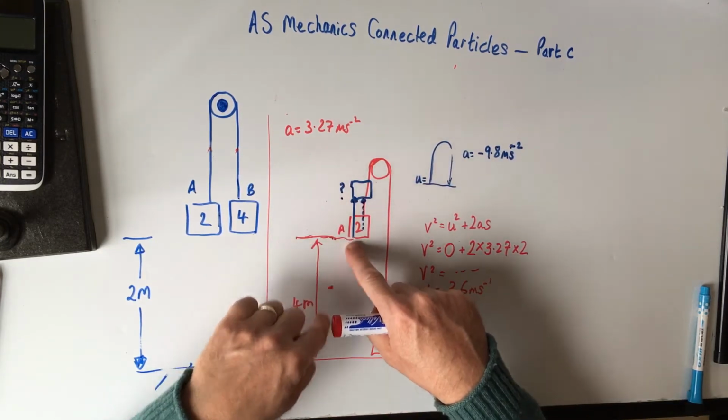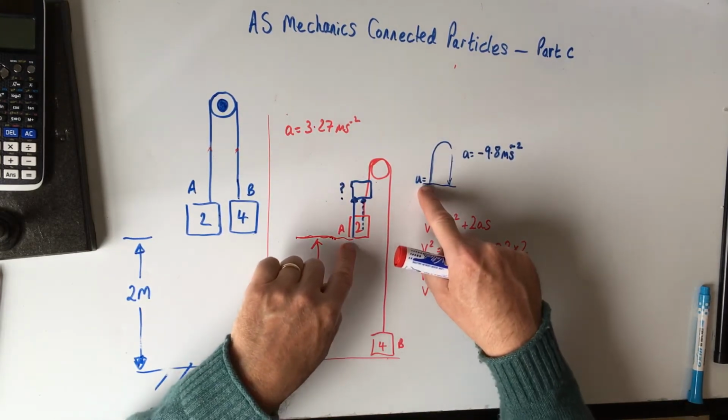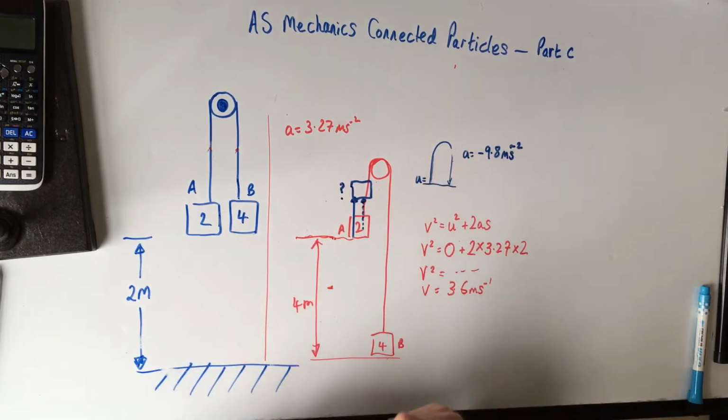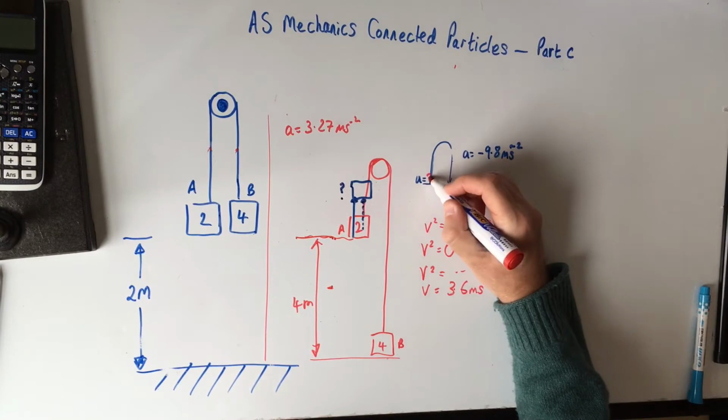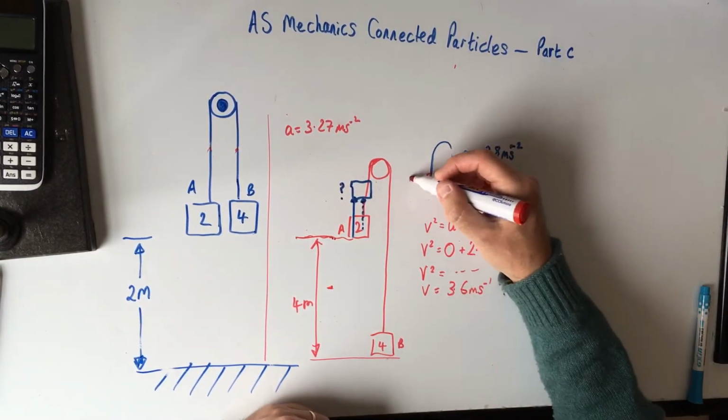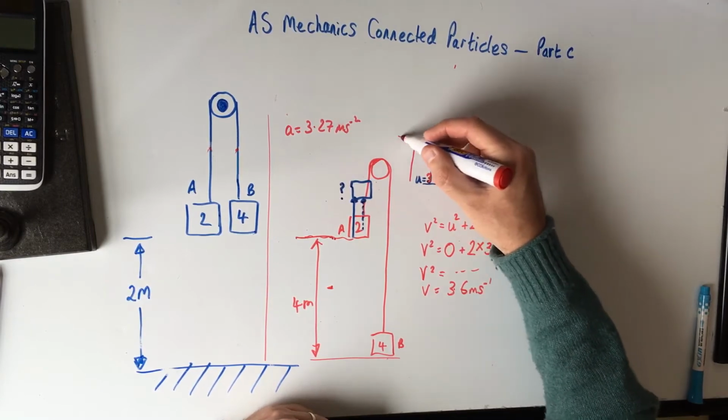That speed that it reached now becomes the starting velocity in our next stage. So now we can put that in as our u in our next stage, and we want to know how high it travels.